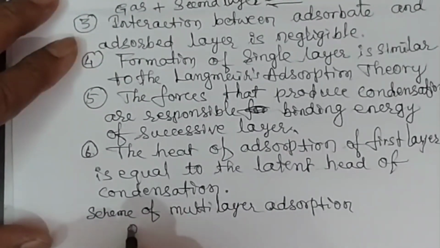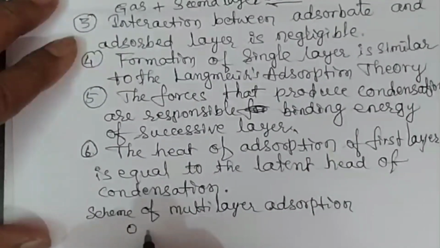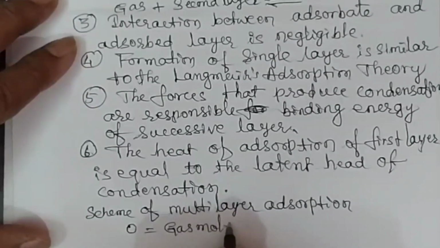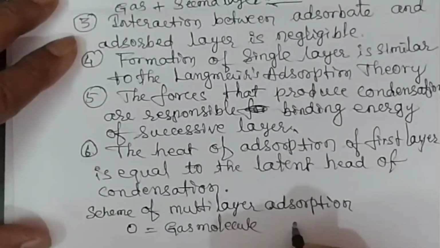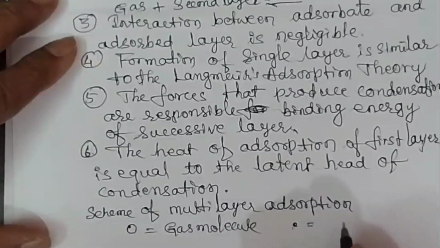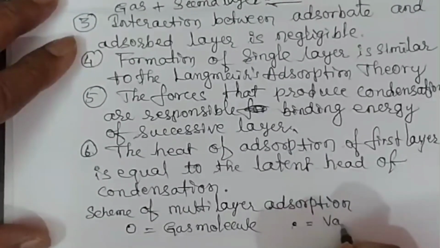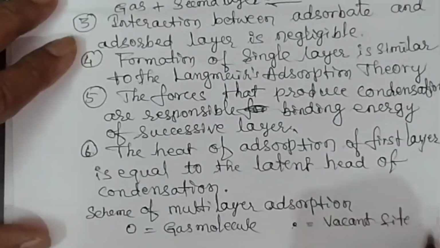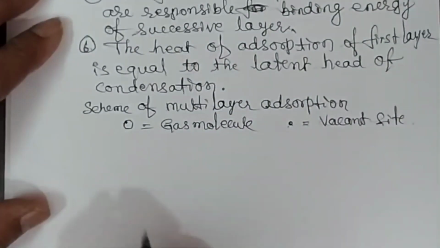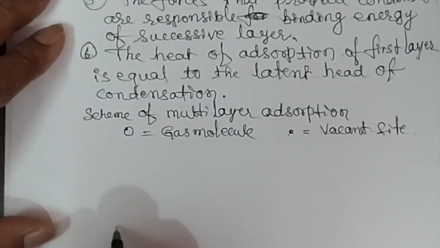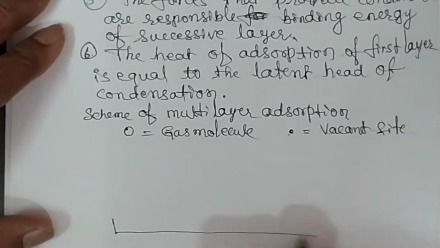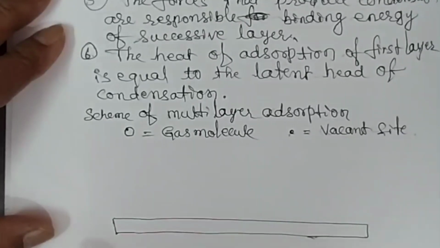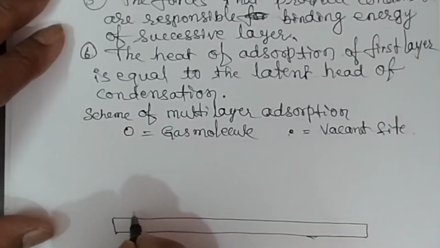Suppose the hollow sphere indicates a gas molecule, and a dot indicates vacant sites. Suppose this is the surface area. It has a number of sites.